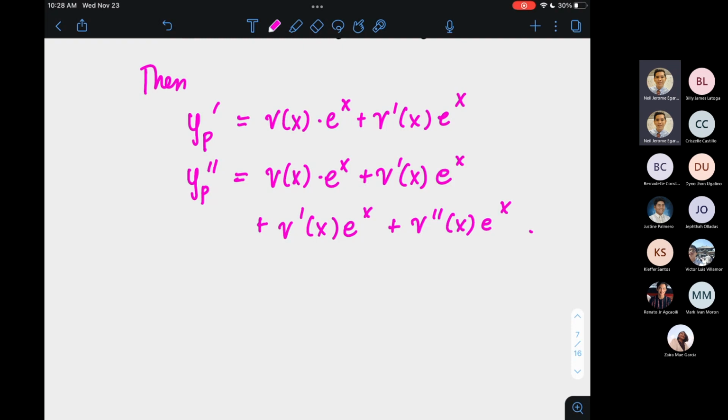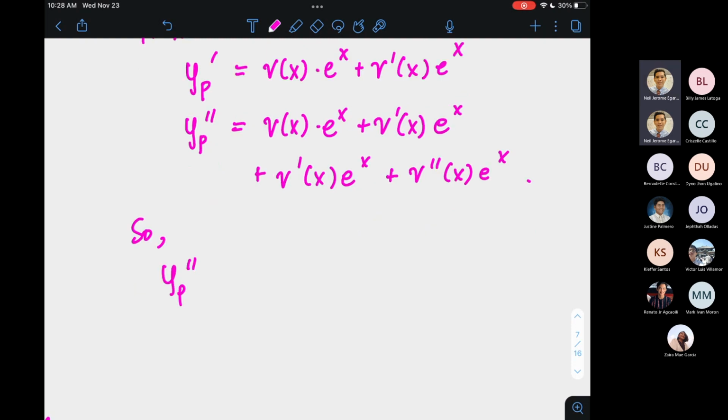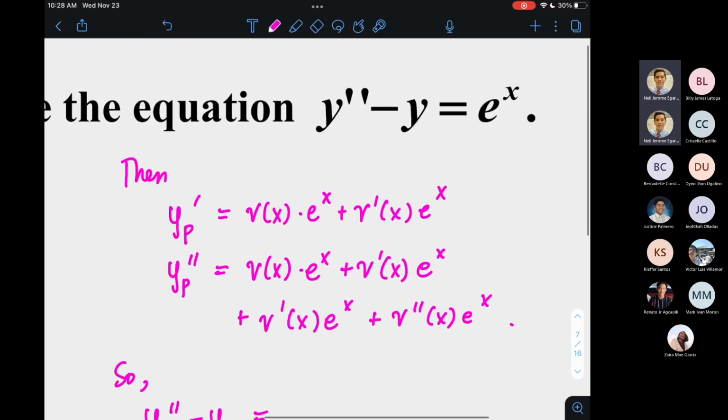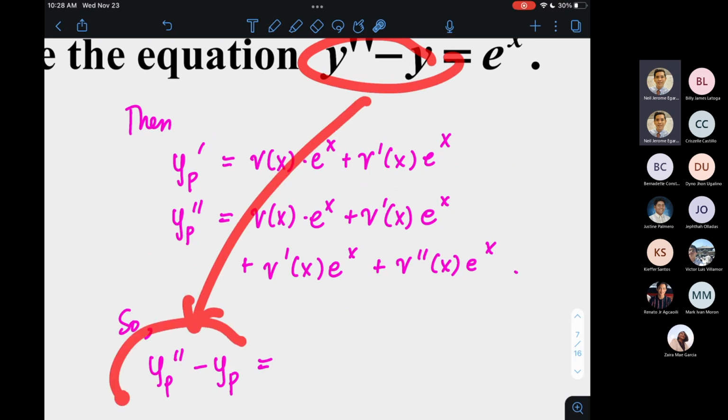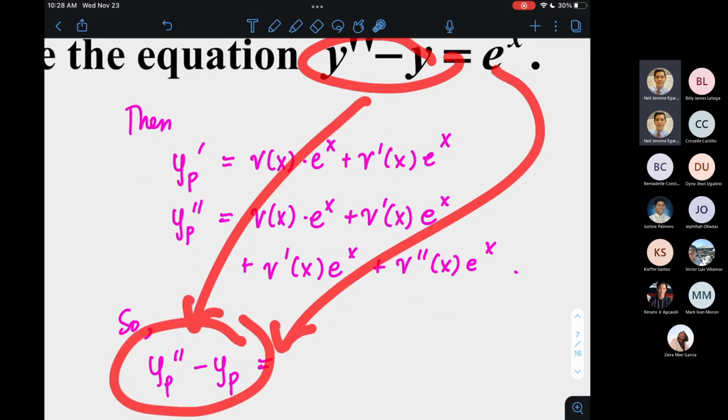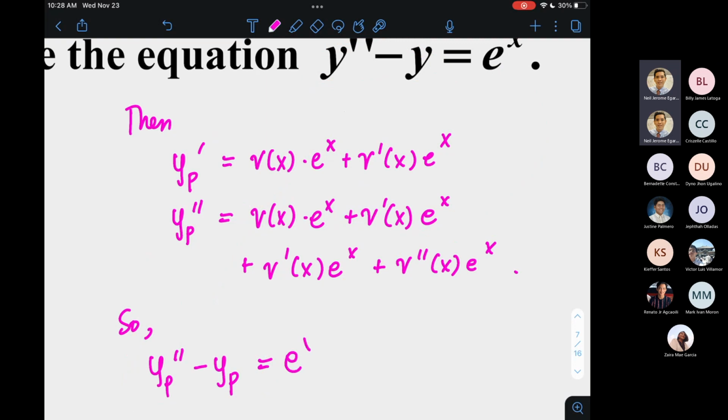So yan yung second derivative ni y sub p. And then remember, we want y sub p to be a particular solution of the non-homogeneous GLDE. So we want this: y sub p double prime minus y sub p must be equal to r of x. But so remember, papalitan ko lang to ng y sub p. There you go. Tapos kopyahin ko yung right-hand side na e to the x.